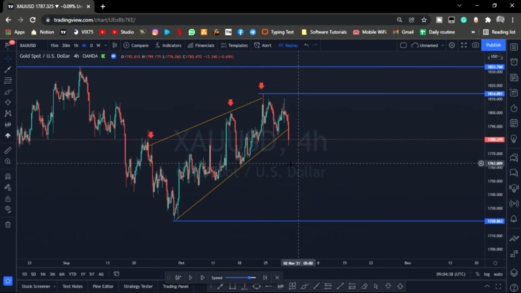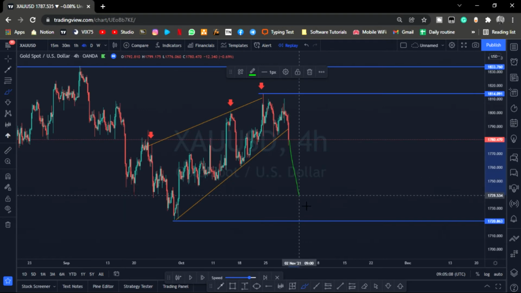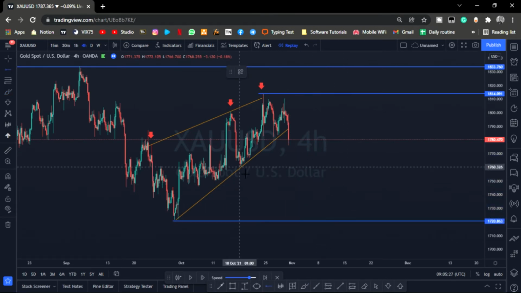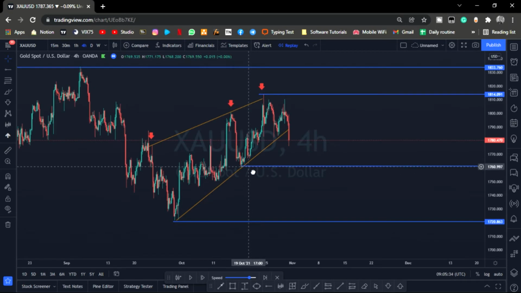Right now, as you can see, the price has broken out of the structure very impulsively, and from here there's a very good chance that price will drop down all the way to this point. At this point, another very useful resistance zone is this one right here. Why do I say so?